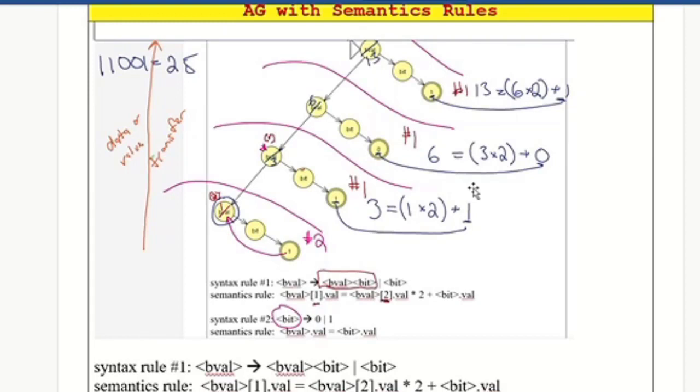From here on out, though, I need to start using rule number one. That's because every time I have a b-val, it's going to be grabbing information from two sides. One was from a previous b-val, which will always be listed as number two, which is right here.